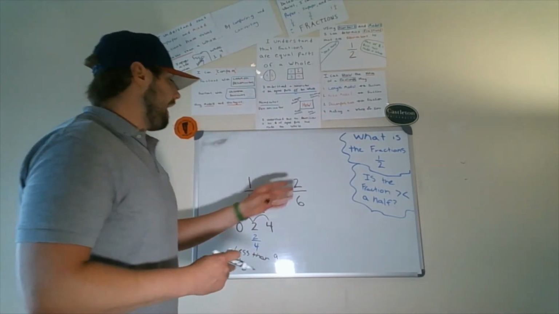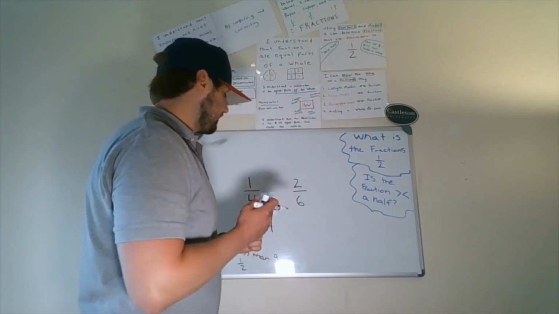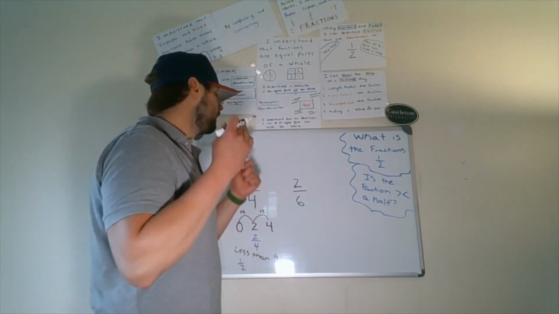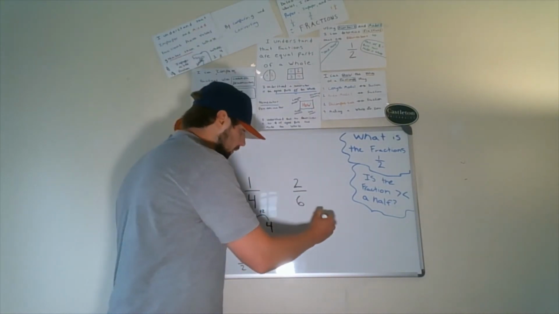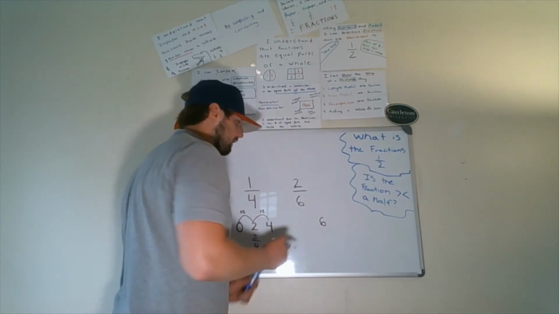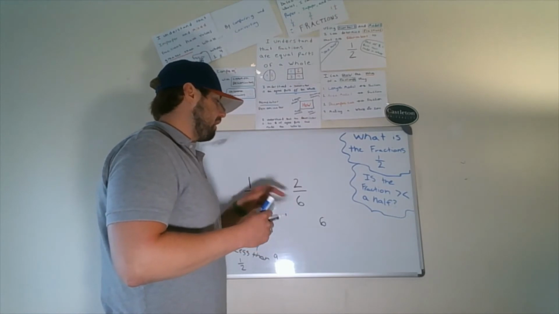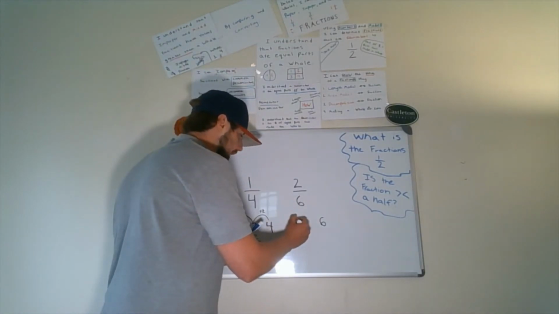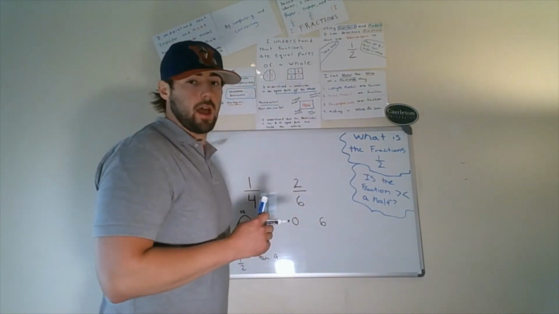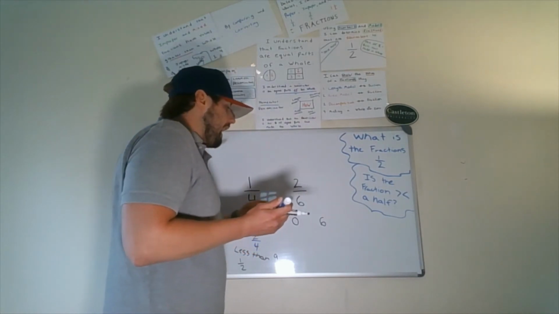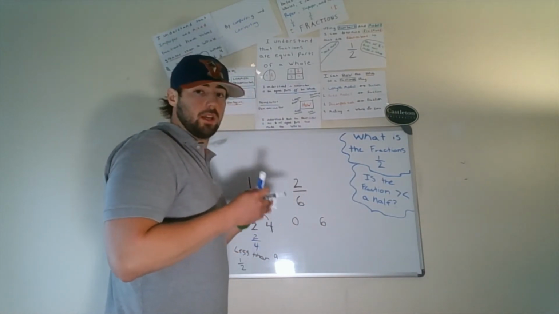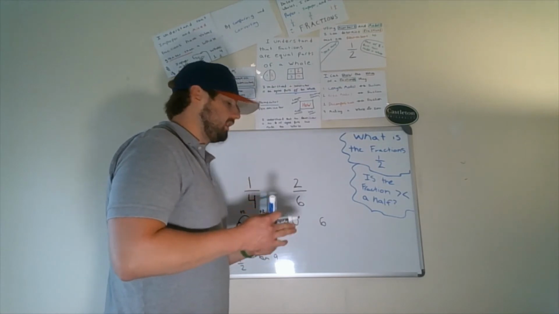Taking a look now at our 2/6. Where do I start? Thinking about parts that make that whole. I know that there are 6 parts that make the whole in sixths. Looking at that denominator. I know talking about values, start with nothing. What is the half of 6? What is the middle between 0 and 6?